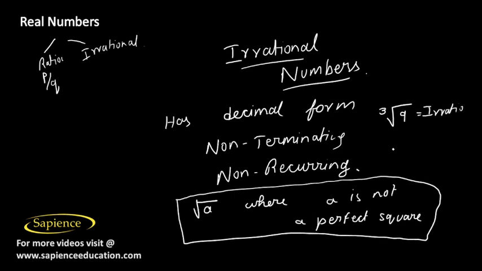Even the fifth root of 25 is irrational. So there is no general form of irrational numbers. So how can we prove root 2 is irrational?